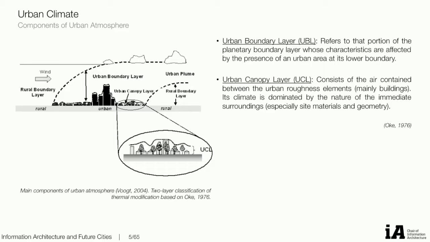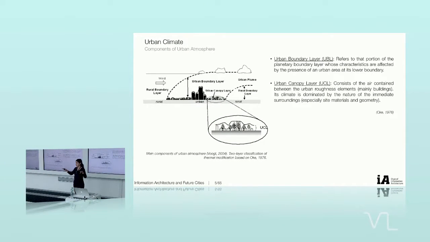We have 2 different layers where we study the different types of climates in a city. We have the urban boundary layer, which is the layer that goes from the rooftops of the buildings up. And then we have the urban canopy layer, the other one, that goes from the rooftops down, which is in particular the urban canyons or the street canyons.